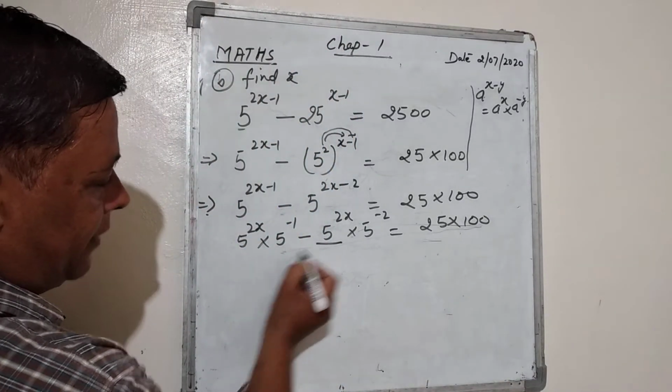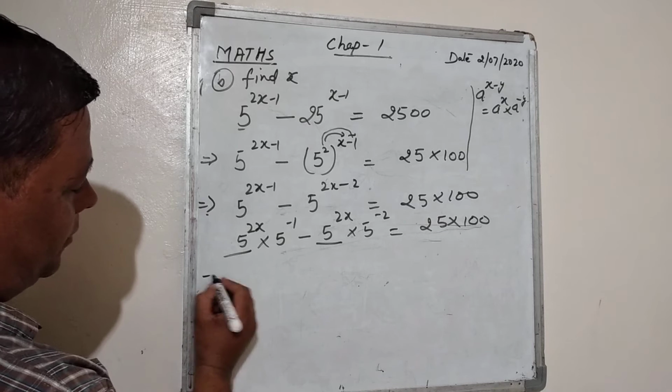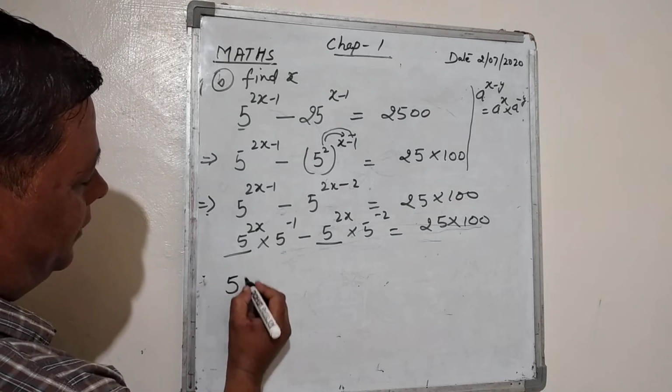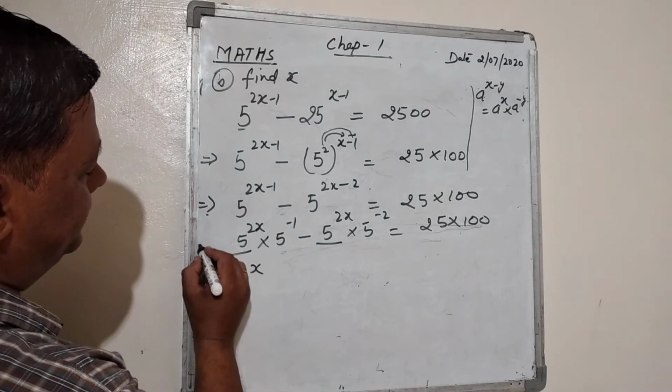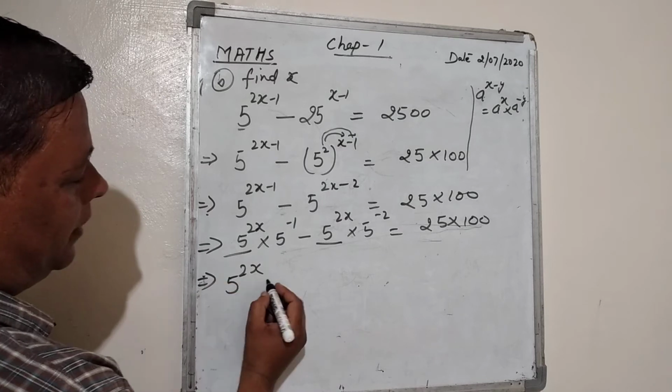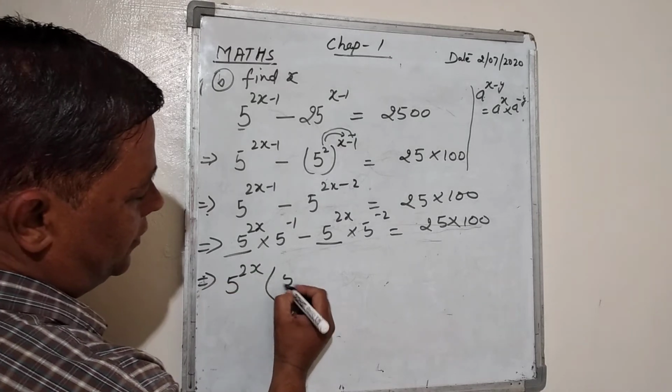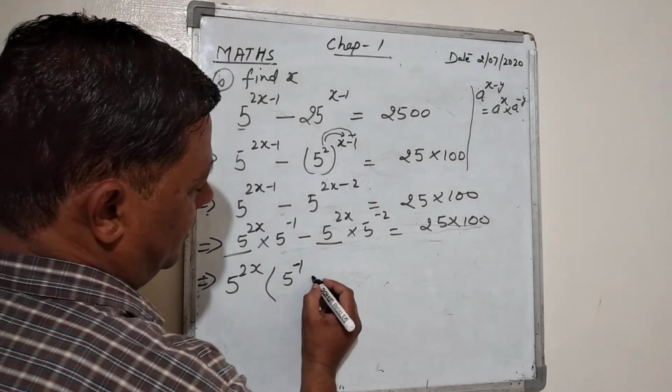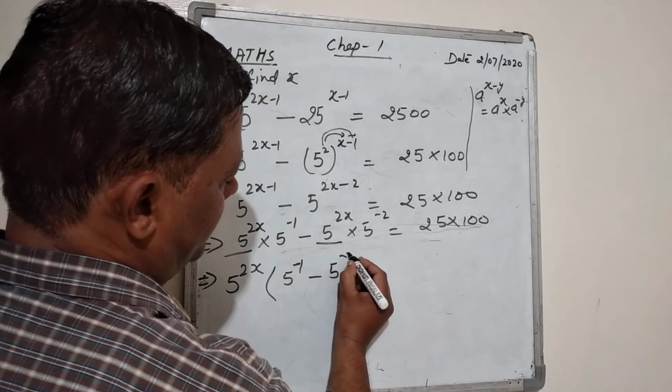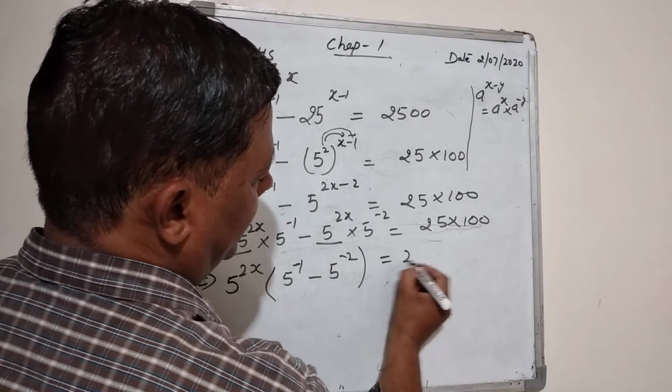Here we take 5 raised to the power 2x as common. So we take 5 raised to the power 2x, in brackets 5 raised to the power minus 1 minus 5 raised to the power minus 2, then 25 into 100.